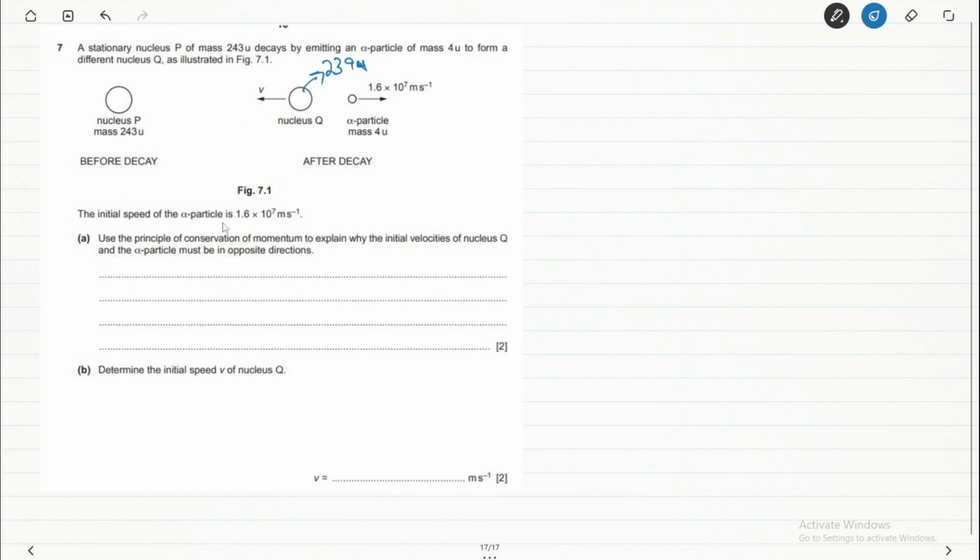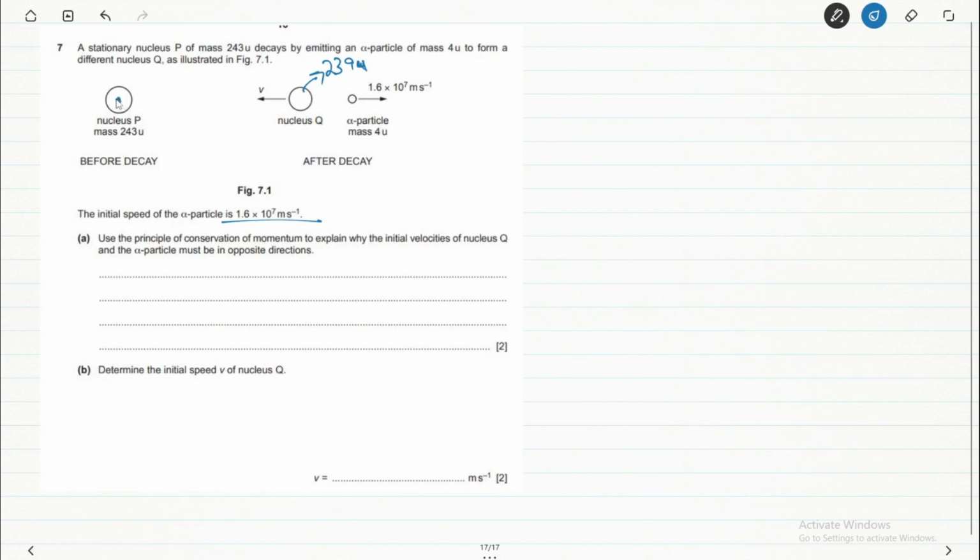Use the principle of conservation of momentum to explain why the initial velocities of Q and the alpha particle must be in opposite directions. Now, if they have to move somewhere, they have to move in opposite directions. Otherwise, momentum is being created, and that cannot be done in a closed system.